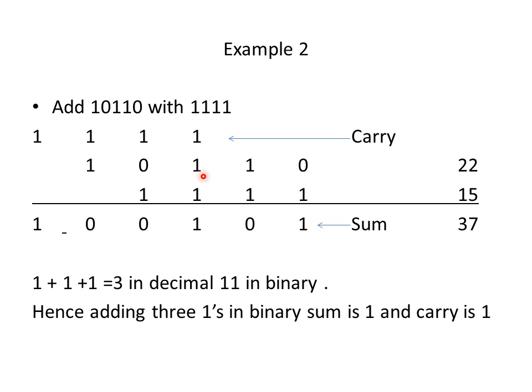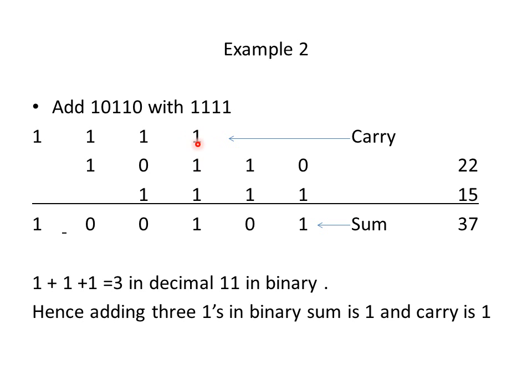When we add three ones, that is 3 in decimal, which is 1 1 in binary. 1 1 in binary means 1 is carry and 1 is sum. So we place 1 here, and the carry is also 1.